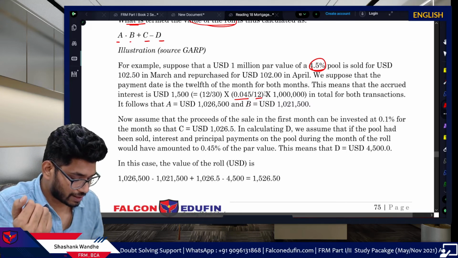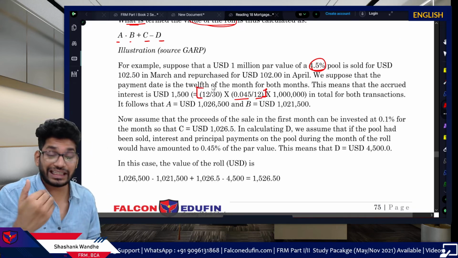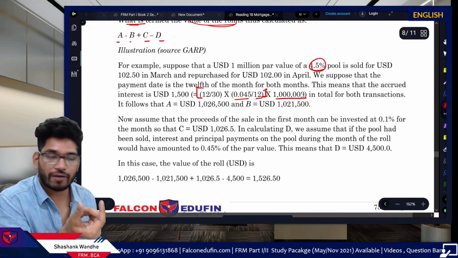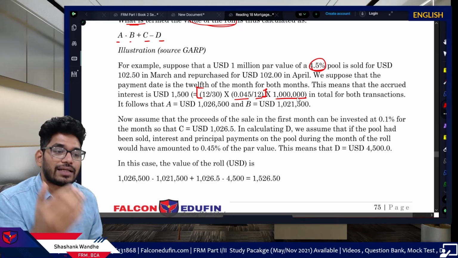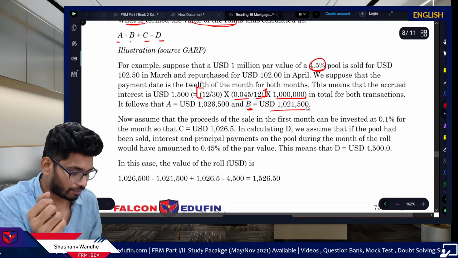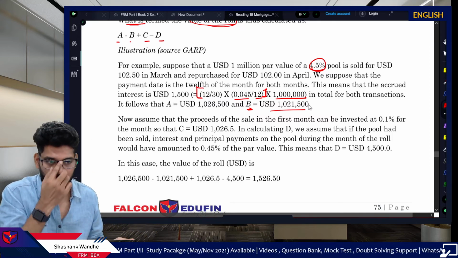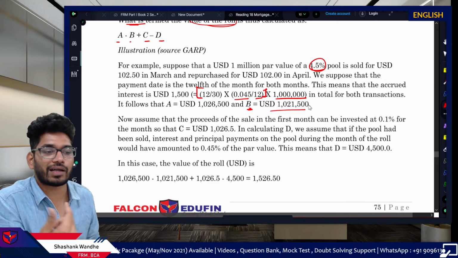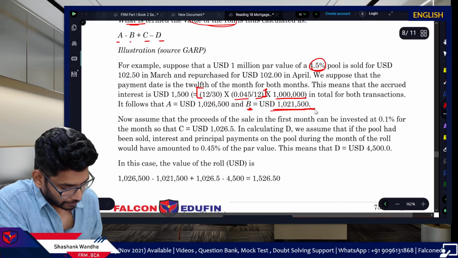And this is the interest which will be accrued on the MBS or the TBAs, based on the proportion, the value of your MBS selling. And the same will be applicable for B, because the same principles are applicable here. That is also maturing, the settlement date is the 12th, right? So for both, the settlement is the 12th, so there will be 12 days of accrual.